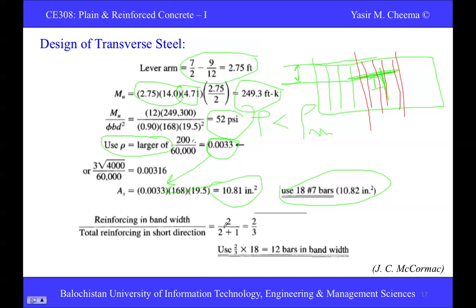This beta is 2 here, so it's 2 by 3. So 2/3 of the 18 bars comes to 12 bars in the bandwidth. In this section only, you have to use 12 reinforcement bars and the remaining 6 bars on this area, 3 this way and 3 this way. So this is the design of the transverse steel.